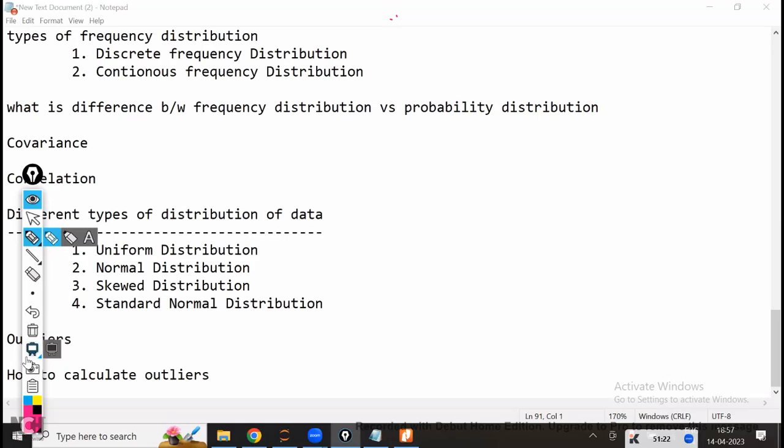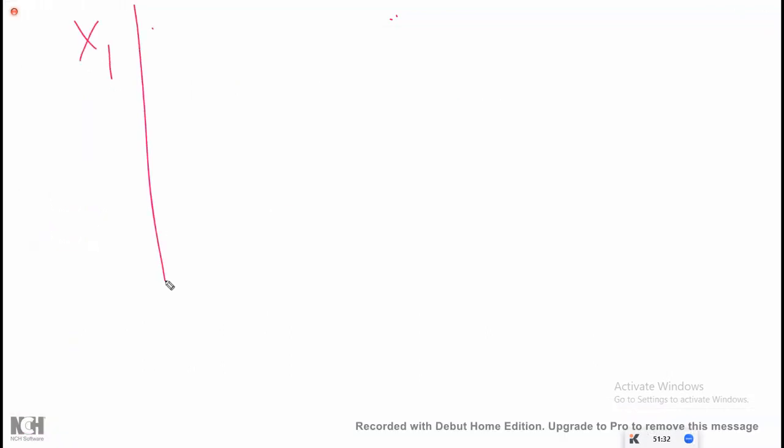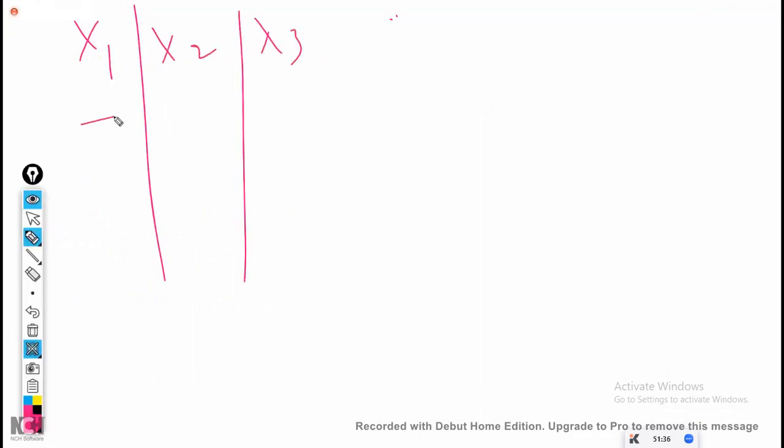Clear, guys? Now, in the chat box, one of the students is asking, take an example and explain, sir. Take an example. Choice is yours. Take x1, x2, x3. Take some values: 1, 2, 3, 4, 5, 6, 7, 8, 9, 10, 11, 12, 13, 14, 15.